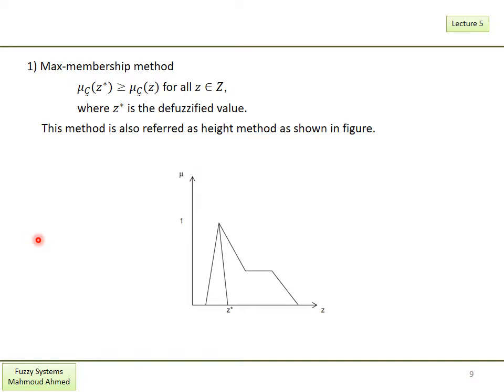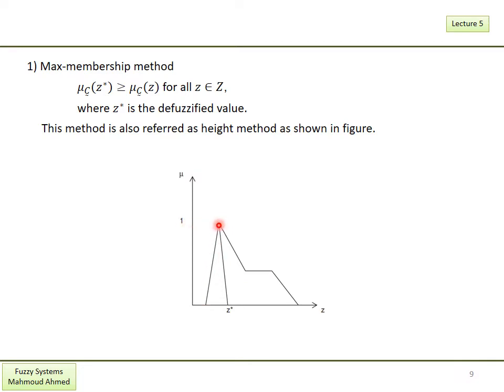The first method is the maximum membership method. The defuzzified value can be obtained directly by obtaining the maximum value in this fuzzy membership function. So can someone here deduce where the maximum value of this membership function is? Yes, it is 1.